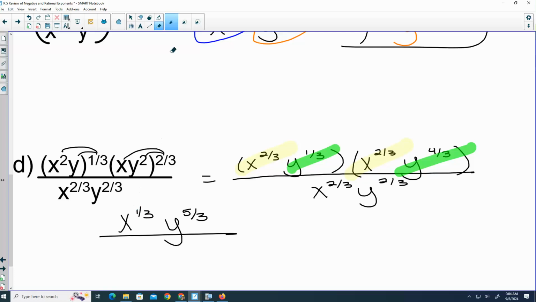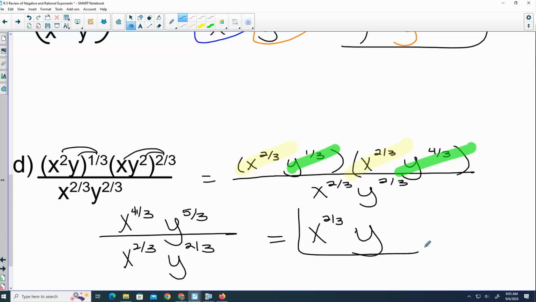So I'm just adding those exponents. Remember, it's all one term, all one multiplication problem, so you can do it in any order. And now, if we're dividing, we subtract our exponent. So 4/3 minus 2/3 is 2/3. 5/3 minus 2/3 is 1. So x to the 2/3 and just y to the first.